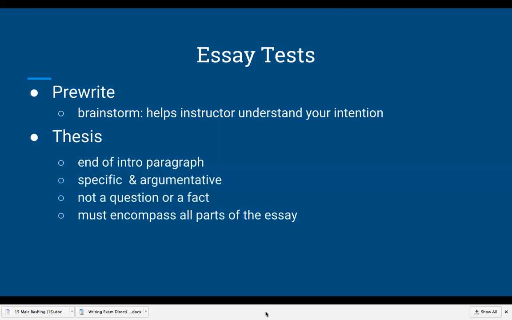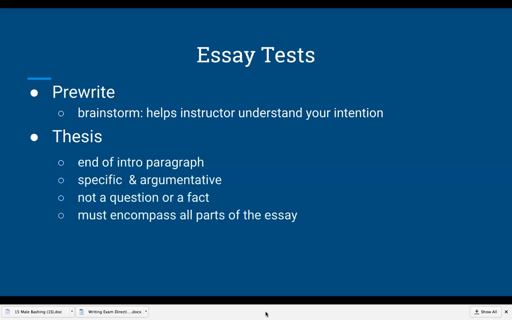Thesis statements tend to be one sentence as well, unless your essay is very long. So I say if it's 10 pages or more, you could have 2 sentences. If it's under 10 pages, 1 sentence will do. And it's part of a skill to try and get everything that you're writing about in an essay into 1 sentence anyway.